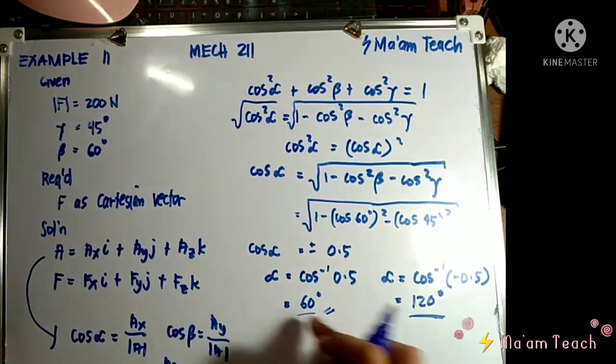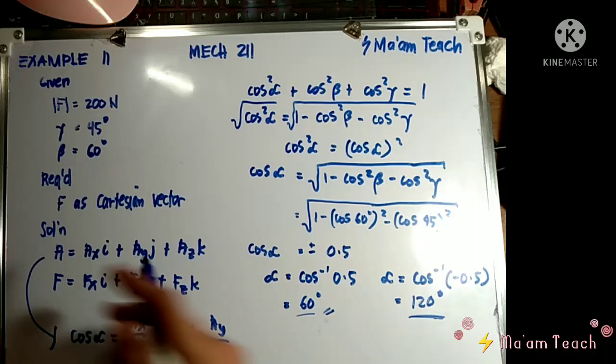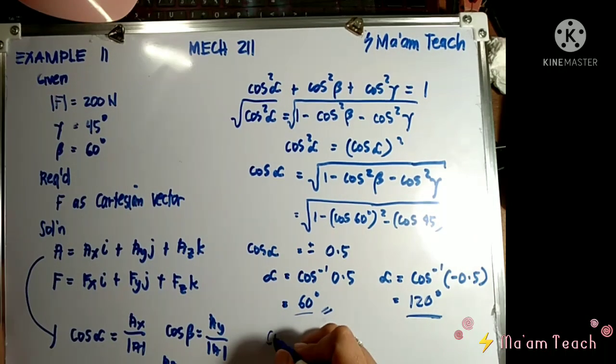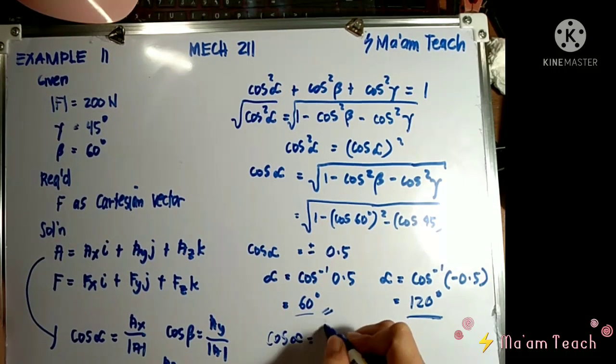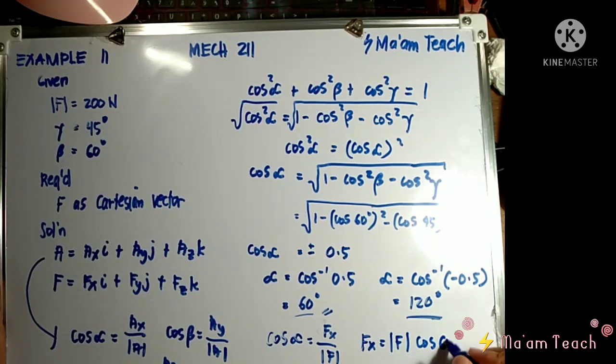So using this alpha, we will now solve for the x component of our force. Using the formula, cosine alpha is Fx over the magnitude of F. So Fx is simply the magnitude of F times cosine alpha, which is 60 degrees.